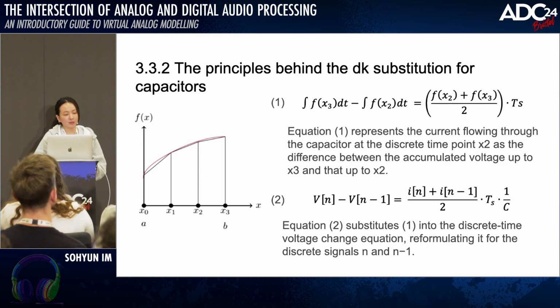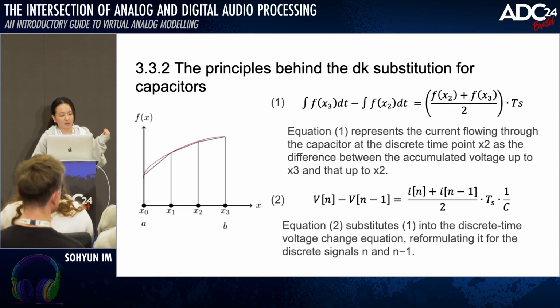And equation 2 is the same as equation 1, but we now use discrete time. Equation 2 substitutes equation 1 into the discrete time voltage change equation, reformulating it for the discrete time signals n and n minus 1. V of n is the voltage when the nth signal is your input, and V of n minus 1 is the previous discrete signal.